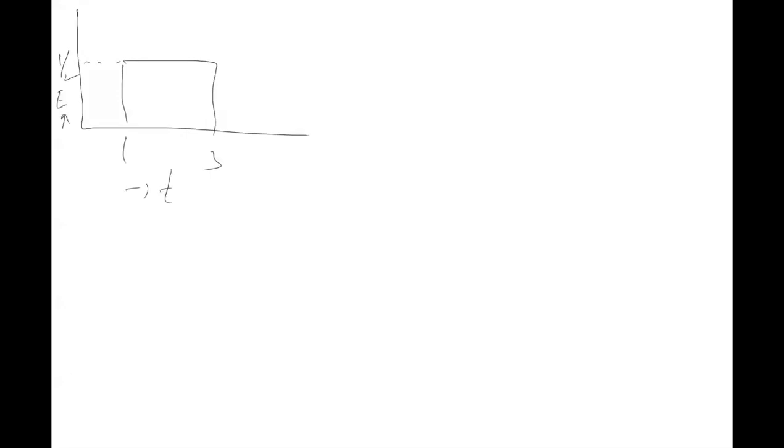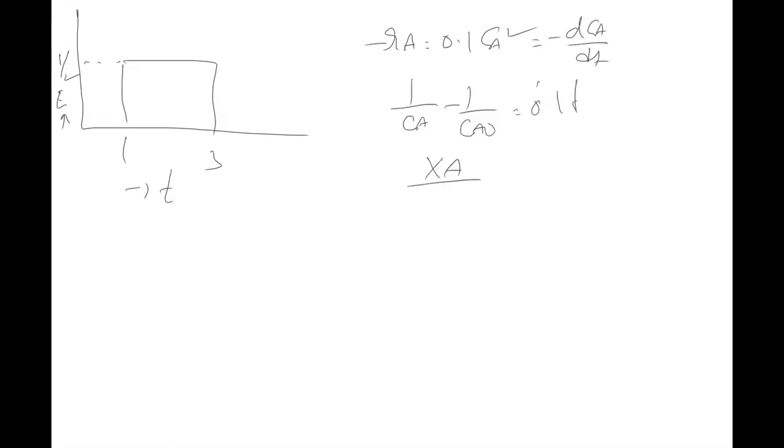This is T. Now, what is the given kinetics? Minus RA equal to 0.1 CA square. So what is the integral analysis of this? Minus dCA by dt, if you take that, then you get 1 by CA minus 1 by CA naught equal to 0.1 into T. So XA by 1 minus XA equal to 0.1 into T into CA naught, and CA naught is 2.